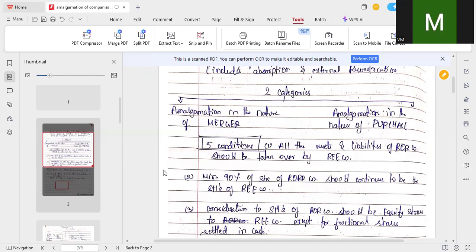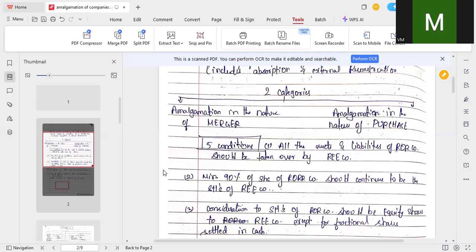The transferor company is Instagram, the transferee company is Facebook. All the assets and liabilities of Instagram should be taken over by Facebook. Then it will be called amalgamation in the nature of merger. Did you get my point?